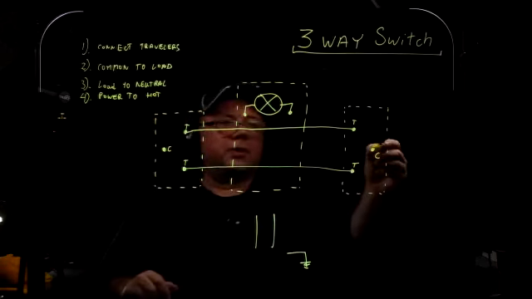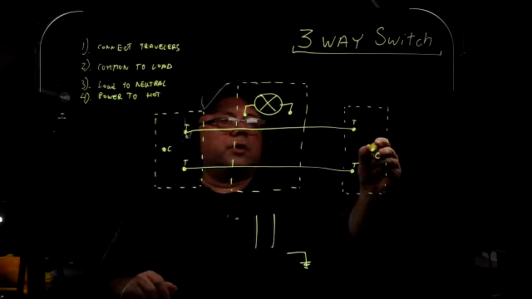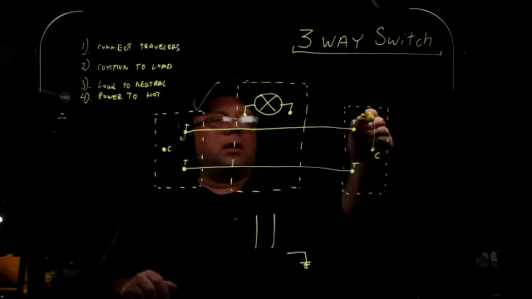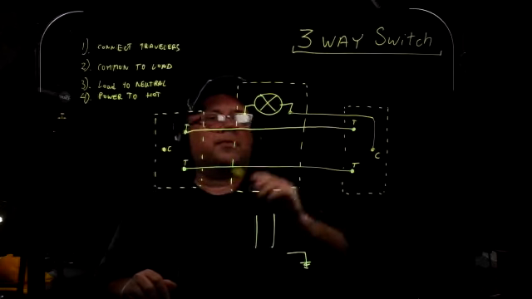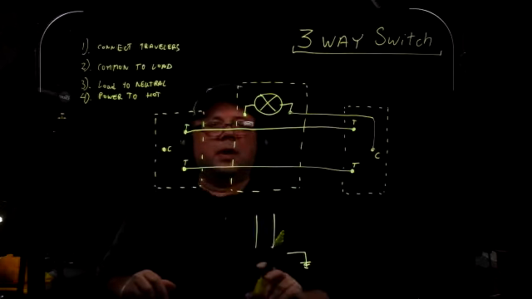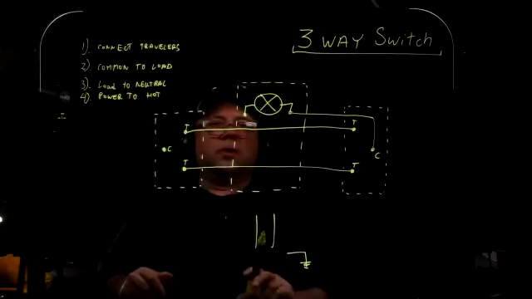Let's just say this one here. Then we're just going to go, let's say, that way here. And we're going to connect that right to the load. Okay. And then load to neutral.